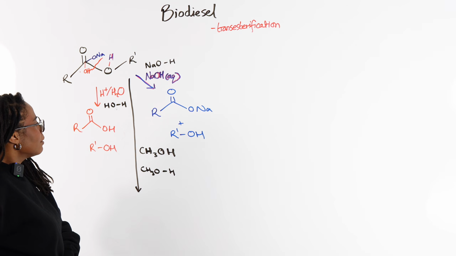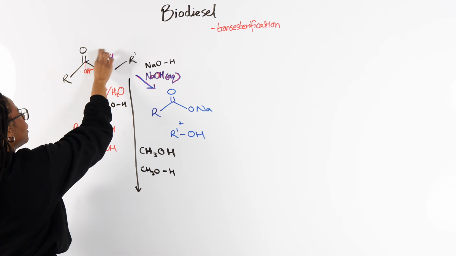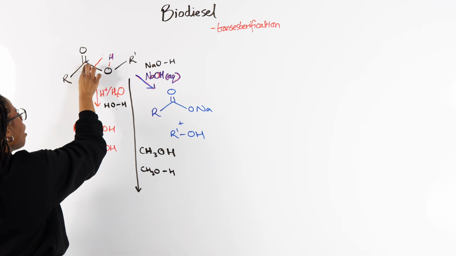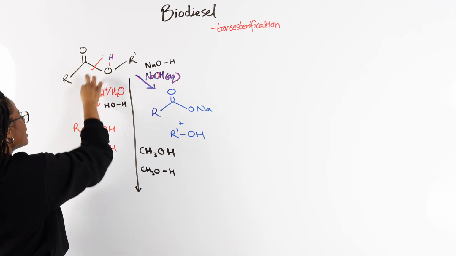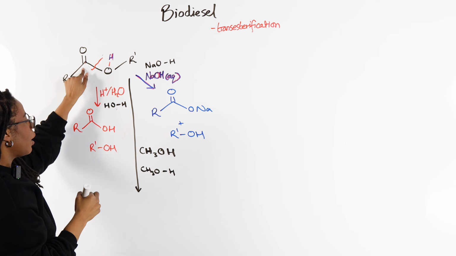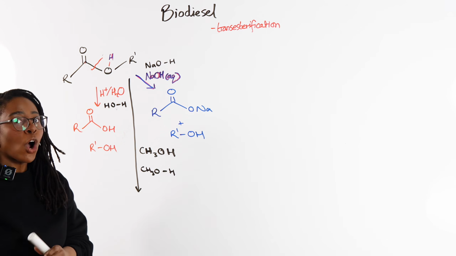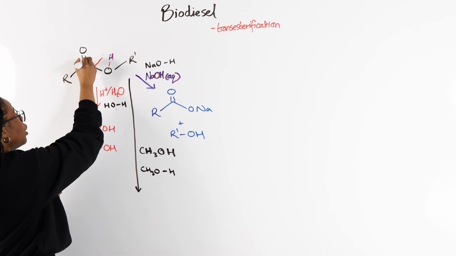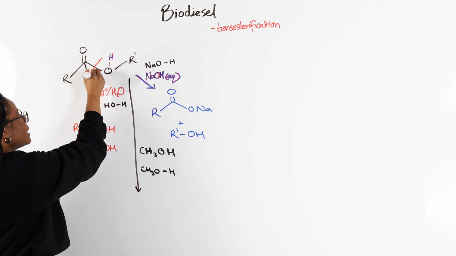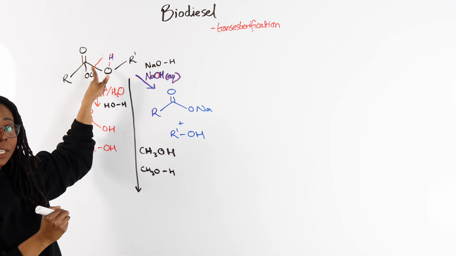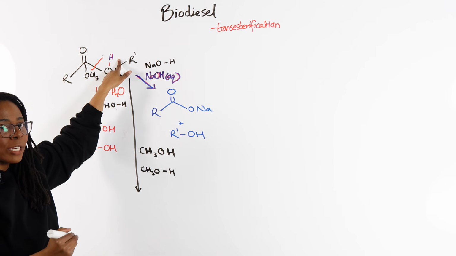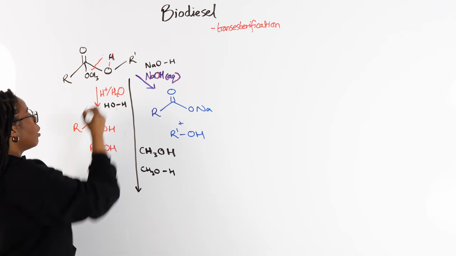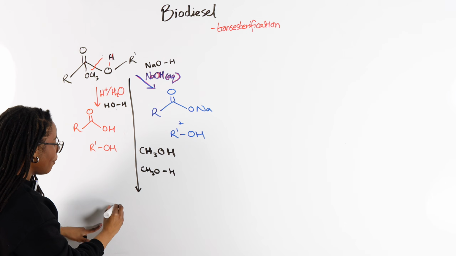Instead of adding OH or ONa to our acyl group, we are going to add an OCH3 to this carbon, and then we're still just going to add an H to this alcohol. So what do we end up with?